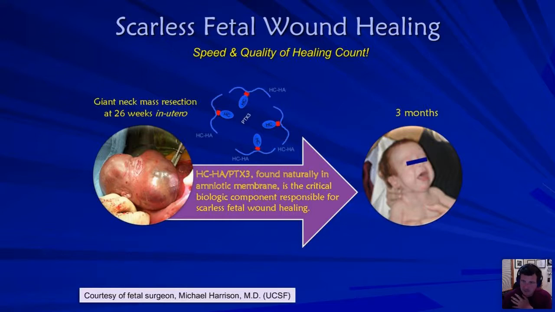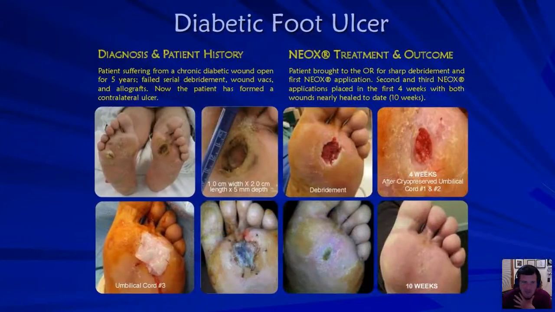And then all of a sudden people are scratching their head and saying, okay, what's the difference between healing inside the fetus versus when we get out and we have healing as a child or an adult? That's scarless. Something is happening, and there must be something with that amnion.